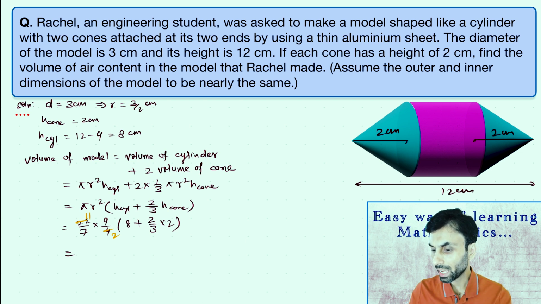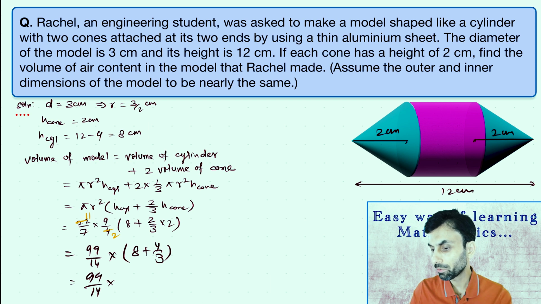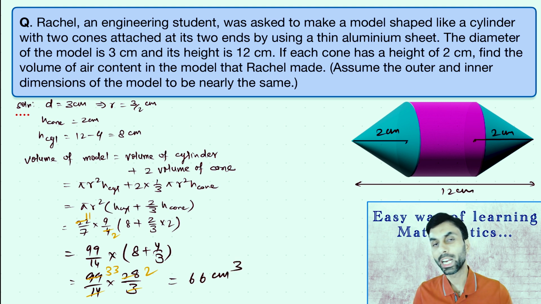So we'll have here 11 into 9 that is 99 upon 14 into 8 plus 4 upon 3, which will be 99 upon 14 into 8 into 3 is 24 plus 4 that will be 28 upon 3. On cancellation we can cancel it 2 times, this is 33. We'll get the value of it as 66 centimeter cube. So that will be the volume of air contained in the model.